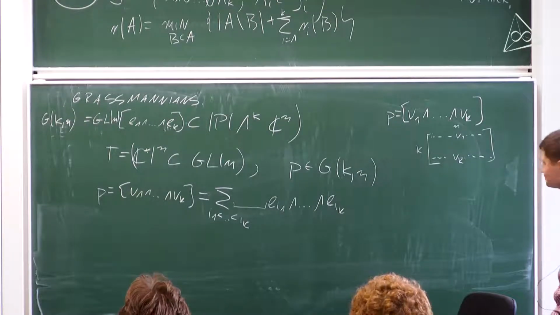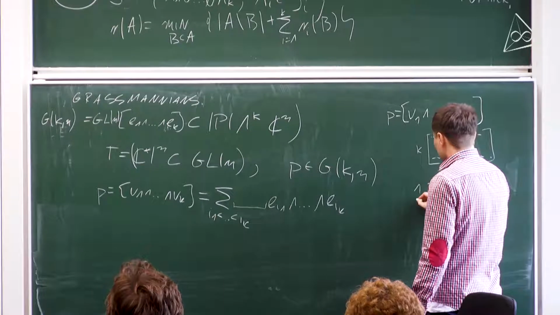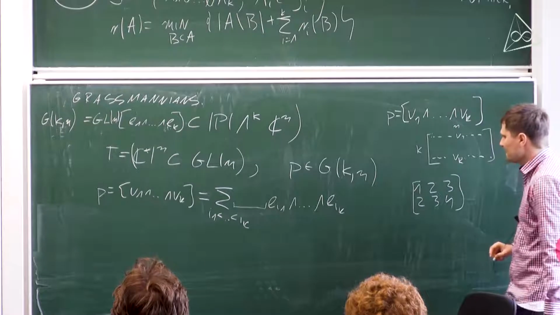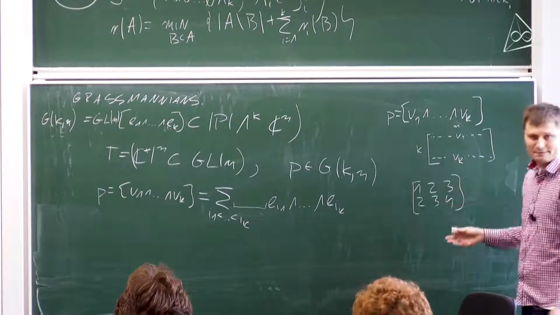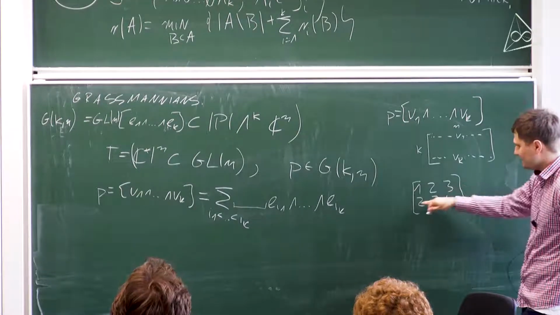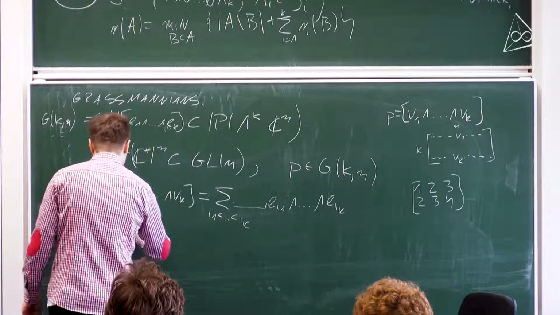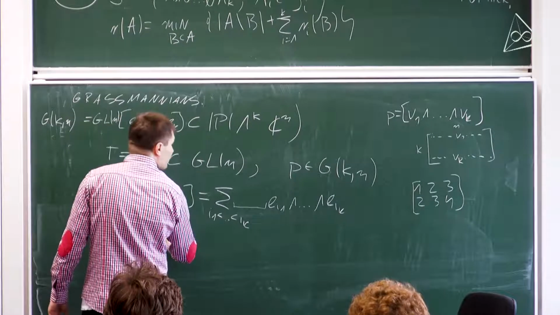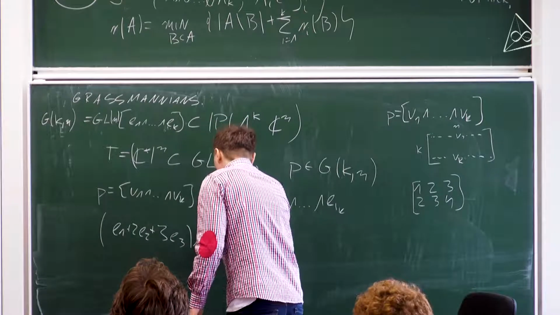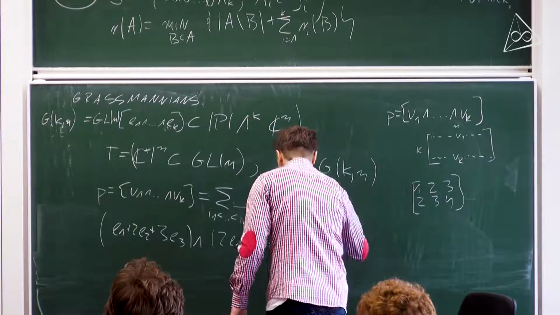We want to do an example. Yeah? Let's do some example. I take 1, 2, 3 and 2, 3, 4. So I have a two-dimensional subspace in a three-dimensional space. It's the space spanned by these two vectors. And I can write it as (e_1 + 2e_2 + 3e_3) wedge (2e_1 + 3e_2 + 4e_3).